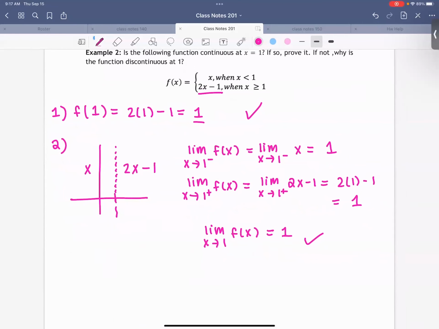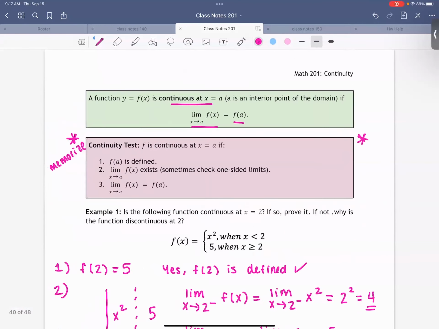Oh, one thing I want to talk about, number 2, is I want this limit to exist and I also want it to be finite, okay? So if you want to go back to your continuity test, just say it's finite. What is finite? What does that mean? It means that it has a limit to where it goes.